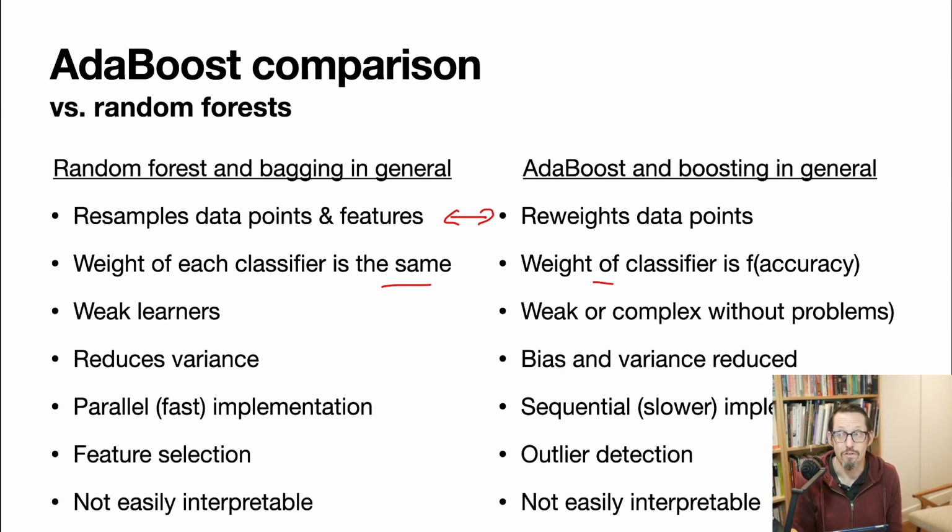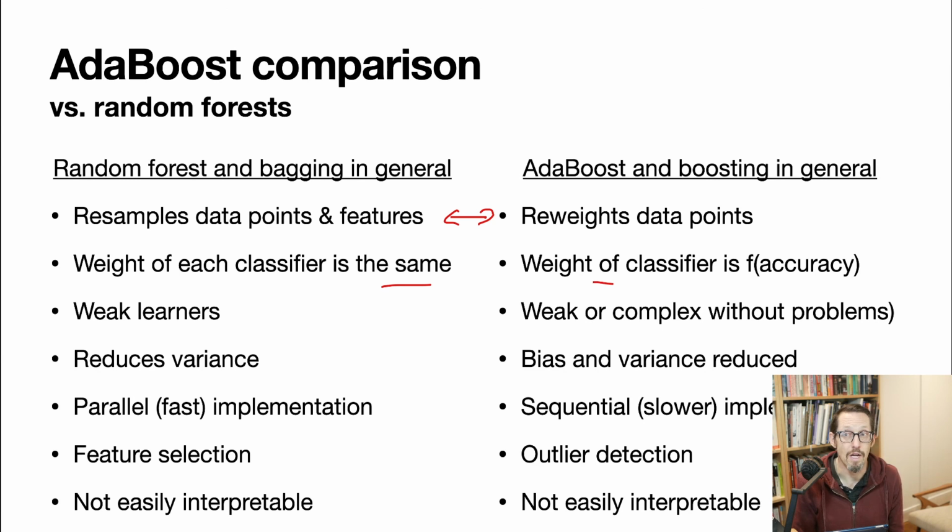Boosting, including AdaBoost, is a sequential implementation. It is not parallel. So we can't just split it up and let a different processor do every single classifier because we have to finish classifier 1 before we can do classifier 2. So boosting is slower. It is generally a higher level of performance than a random forest.